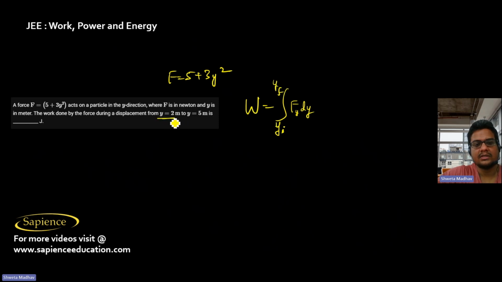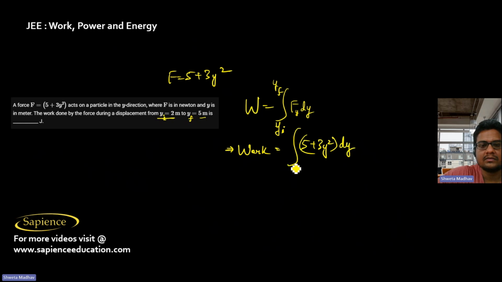Now y initial is 2 meter and y final is 5 meter. So the work done by the force will be the integral of 5 plus 3y square dy from 2 to 5. So this will be 5y plus y cube, evaluated from 2 to 5.